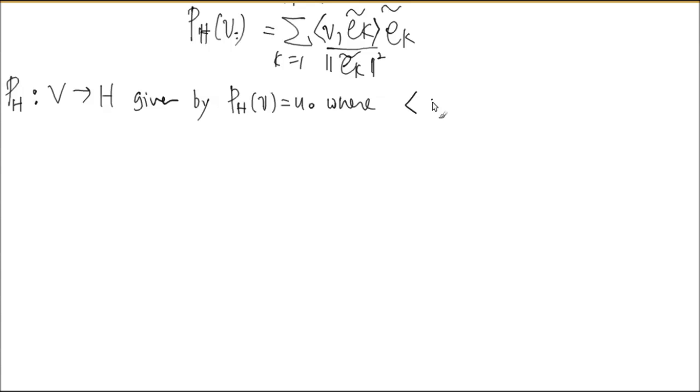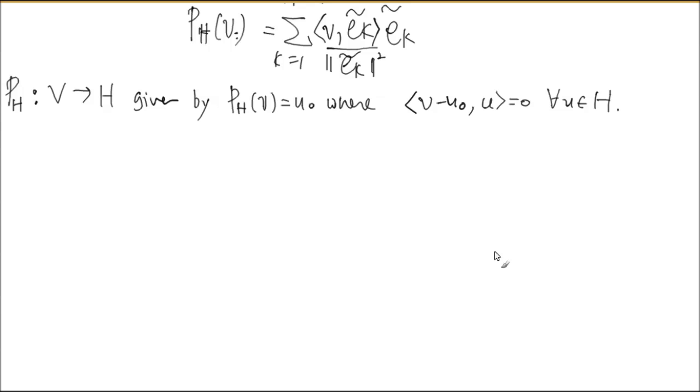Not by formula, but using the property, right? What is the property that describes U0? V minus U0 inner product with U is going to be 0 for all U in H, right? That's going to be U0. And how do you know there is always one? How do you know there is a unique one? It is a part of defining this function, right? Given V, there must be one, and there must be one and only one.